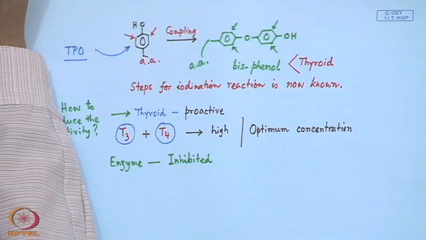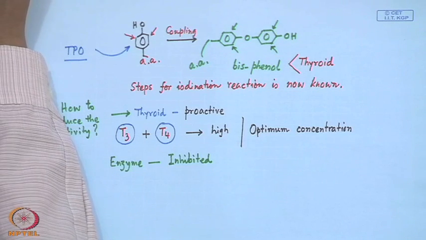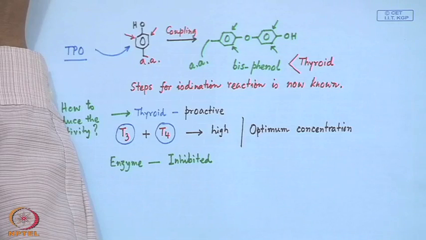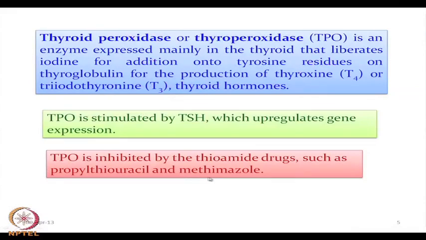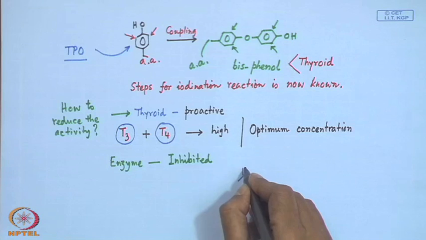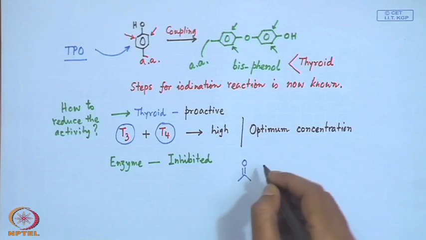And what are those thioamide drugs? These are basically propylthiouracil and methimazole. These are very small molecules having a thioamide backbone. So, the enzyme inhibition can take place if we have, and we all know that the amide function is CONH.